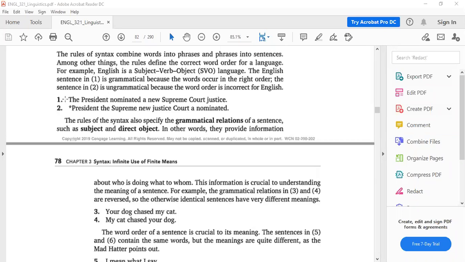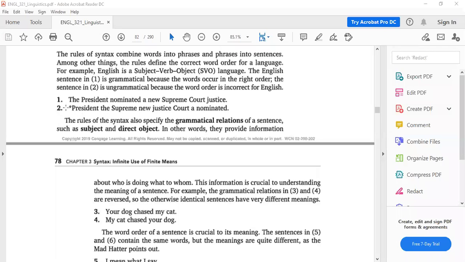So here we have the president. This is a noun phrase, and it precedes the verb. Then we have the verb. Then we have a determiner, then an adjective, another adjective, a noun that functions as an adjective, then the head word justice. But in 2, the president, the Supreme and New Justice Court are nominated.